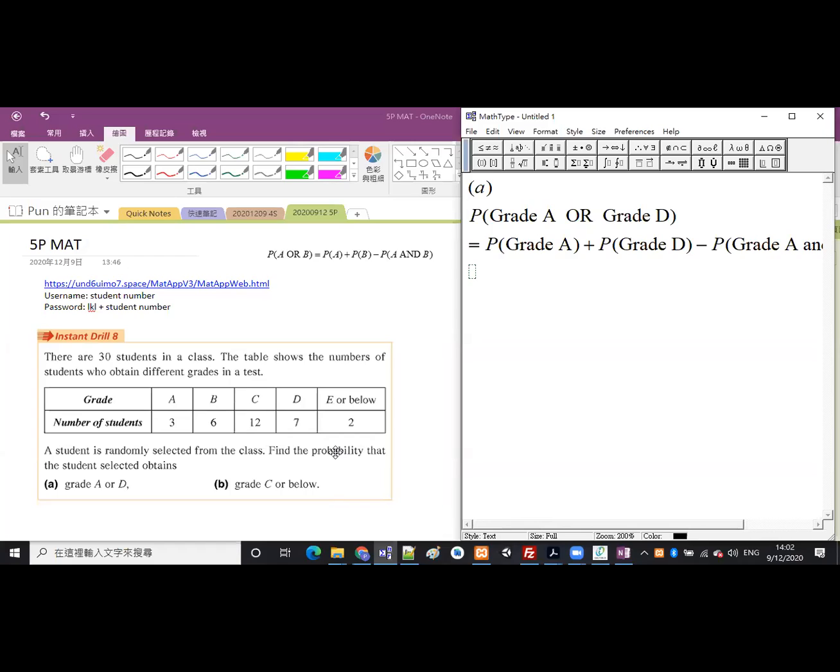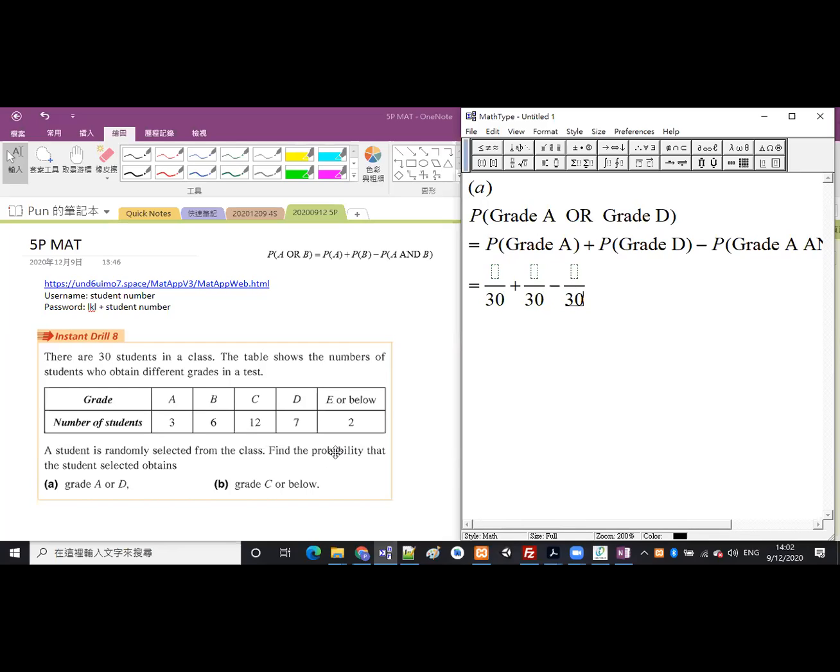Can you get this? P(A or B) is equal to P(A) plus P(B), and then minus P(A and B). So it should be equal to a fraction plus a fraction minus a fraction, right? And we are very sure that all the fractions will have the same denominator, 30.